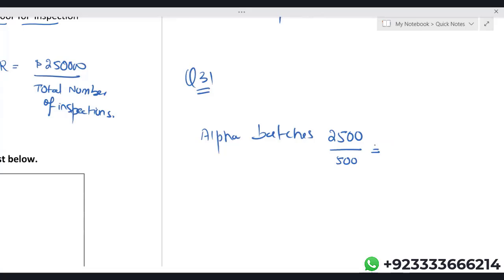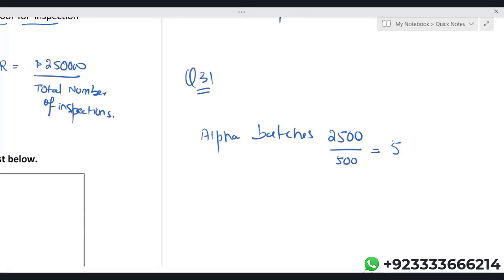So in order to have the production of 2,500 units, and the production is on per batch basis, the answer is 5 batches. So 5 batches of Alpha means we are manufacturing 2,500 units of Alpha, because one batch size is 500 units.